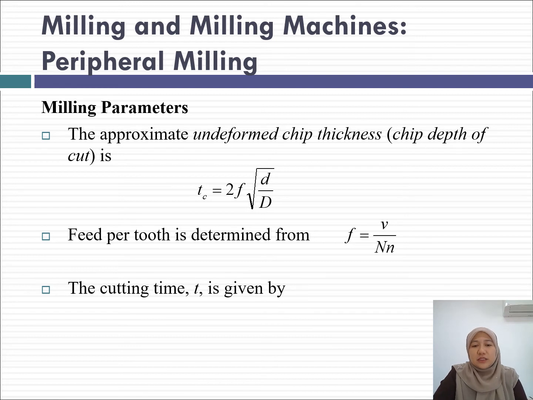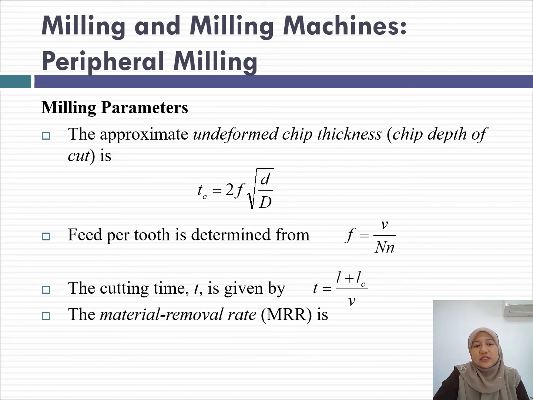The cutting time T is given by T equals L, which is the length of the workpiece, plus Lc, the length of the cutter, divided by V, the cutting speed.